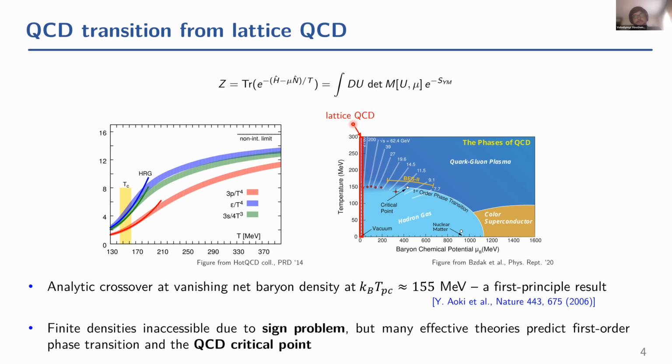And so, on one hand, as I mentioned, one way to learn about these properties using experiment is to collide relativistic heavy ions.